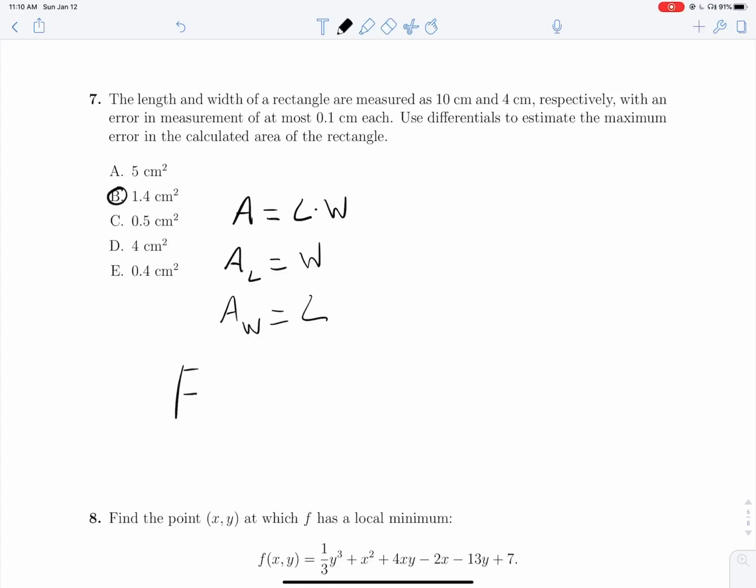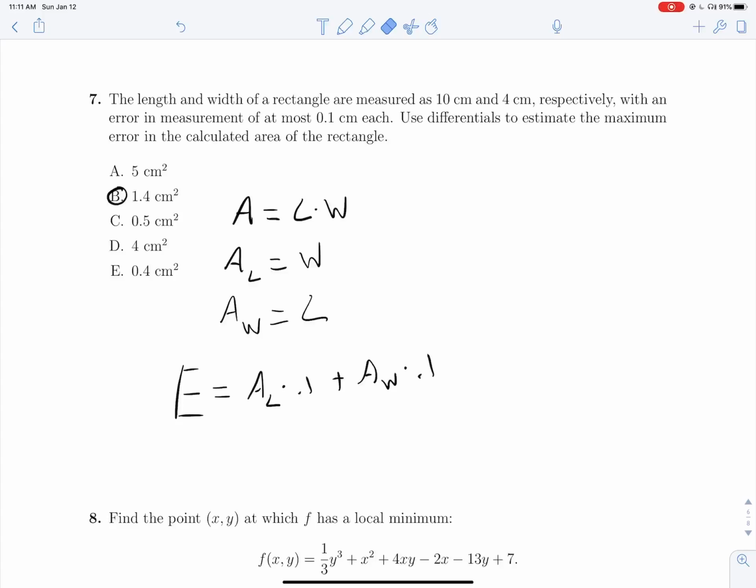So we can say that the total error in measurement is equal to A_L times delta L plus A_W times delta W, where delta L and delta W are just the potential errors in the measurement, which in this case for both is going to be 0.1.